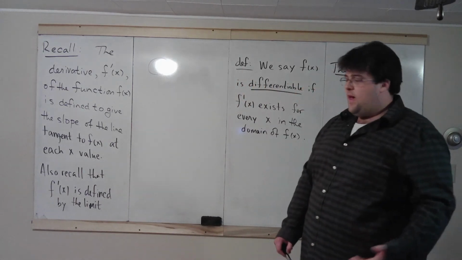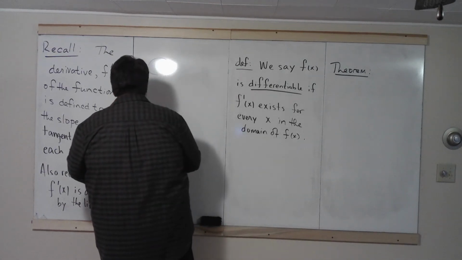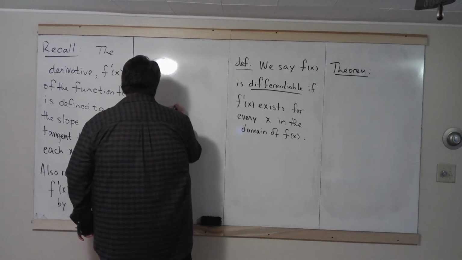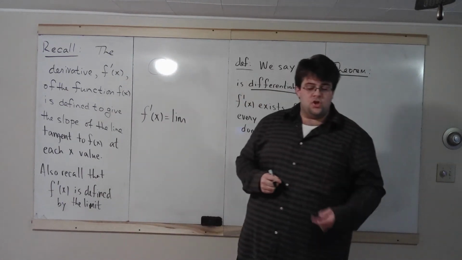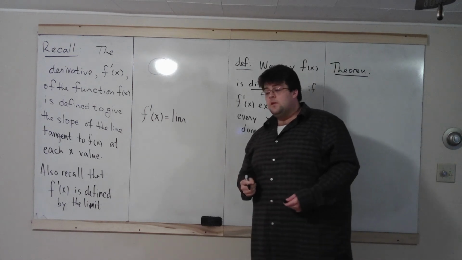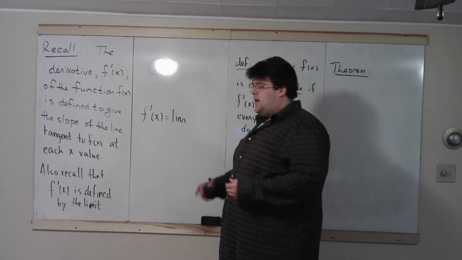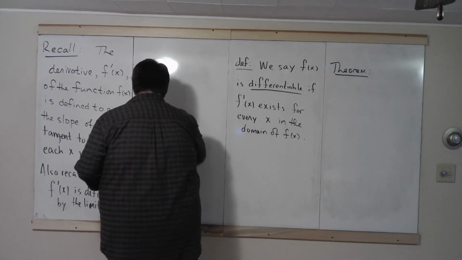But to define that, we used a limit. Recall, f prime is defined by this limit. F prime of x equals the limit. We started with a limit which gives the derivative at a point, and then we essentially rewrote that in a more usable way. I'm going to write this a little smaller so it fits there.